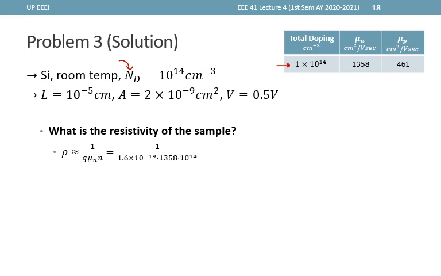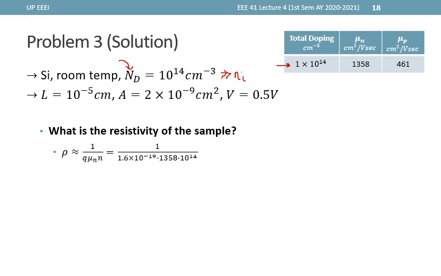And since this is an N-type, we can approximate the resistivity as 1 over q mu n n. We can proceed with this assumption since Nd is much greater than Ni. If it is an N-type but Nd is much less than Ni, then we cannot use this approximation. But since Nd is 10 raised to the 14, we'll proceed with the approximation.